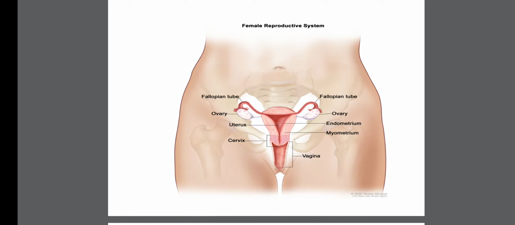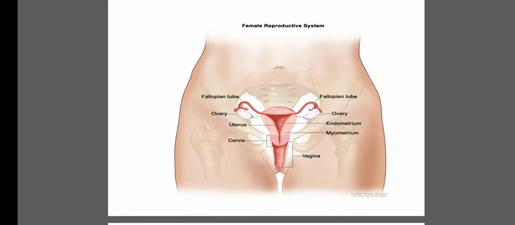Let's proceed. This is the structure of the human female reproductive system. The front view of the internal structure, just like how we have it here. This is how it is, had it been brought out from the body of the woman.